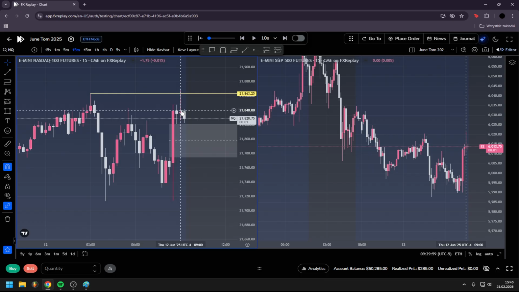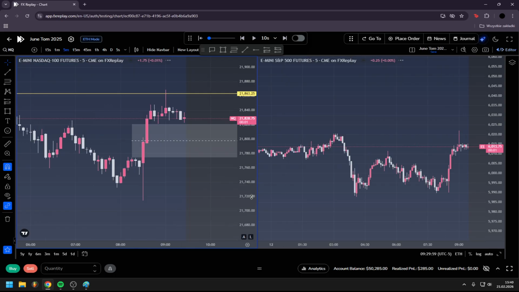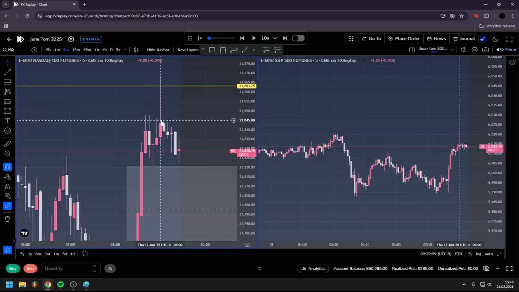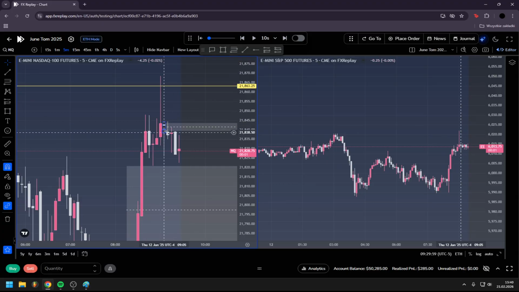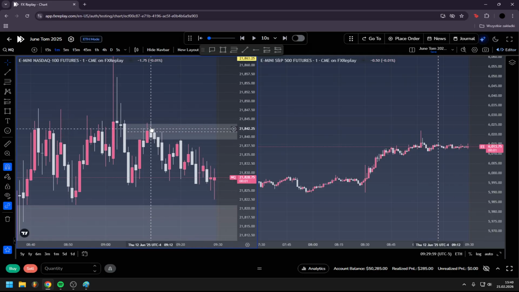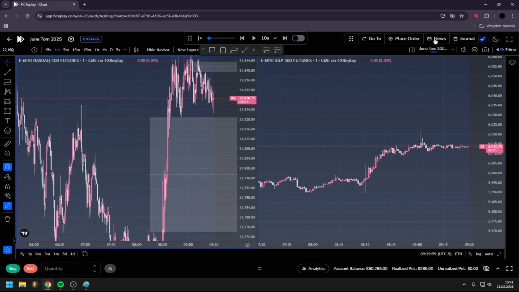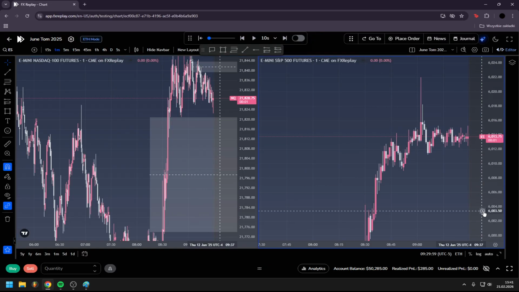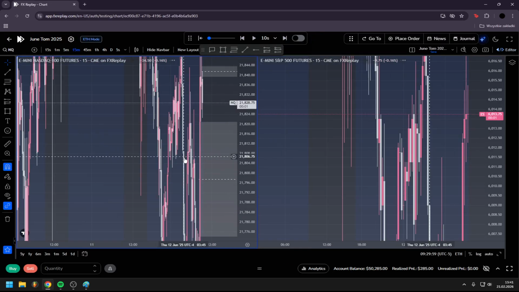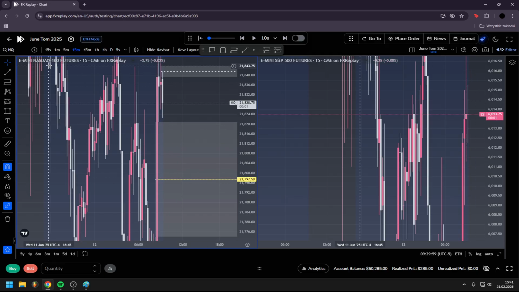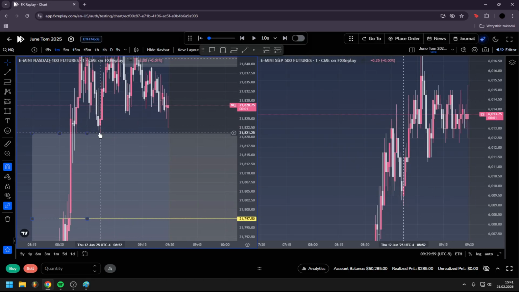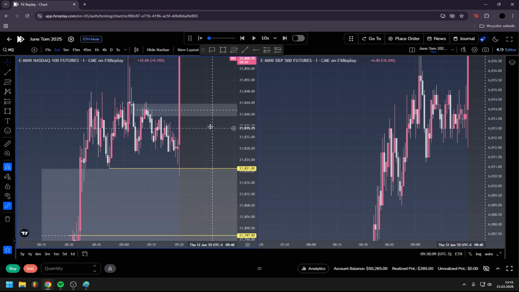You see that we respect this area: manipulation, rebalance, displacement, clean. Let's see what we do. My draw of liquidity is here. Let's see if we manipulate this area. Okay, we displace higher.